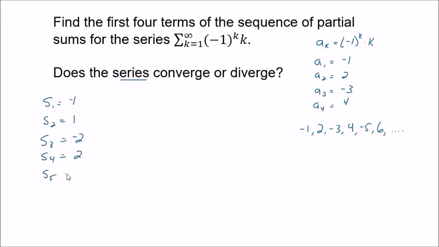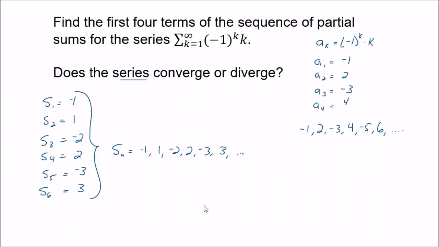The sum of the first 5 terms will be +2 plus -5, which is -3. The sum of the first 6 terms is going to be -3 plus 6, which is +3. So this is interesting. This list of partial sums creates the sequence -1, 1, -2, 2, -3, 3.